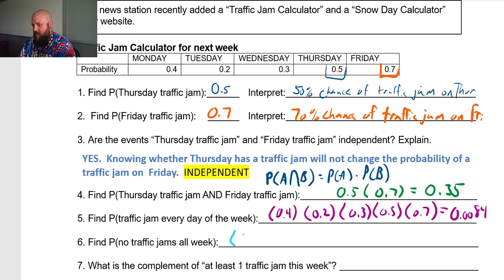So again, you should have 0.6 times 0.8 for Tuesday. And then for Wednesday, 1 minus 0.3 is 0.7. For Thursday, 1 minus 0.5 is 0.5. And for Friday, 1 minus 0.7 is 0.3. If we multiply those all together, you should get 0.0504.